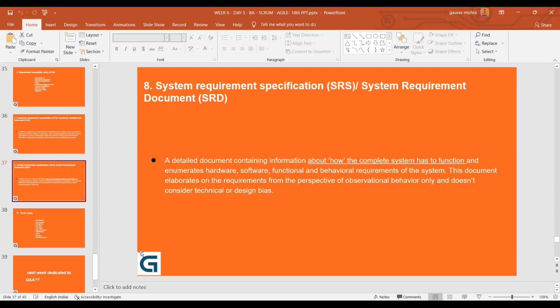Okay. So what it means is, earlier we mentioned what all requirements have to be done. In this, we learn how the complete system will work. That means what the system flow will be. What I was mentioning earlier was just a requirement, right?